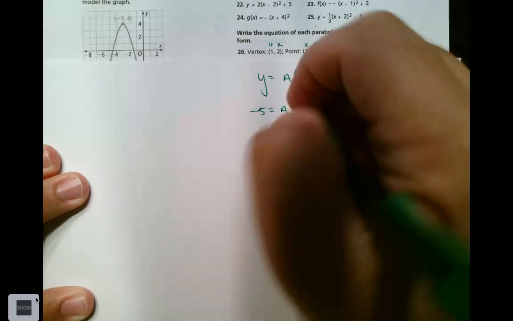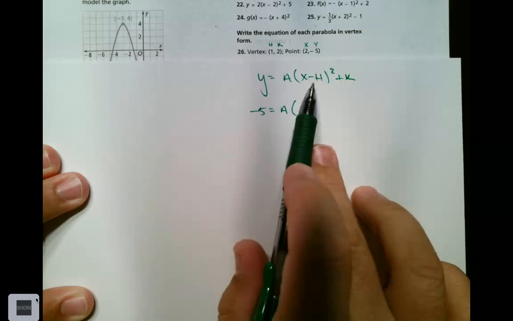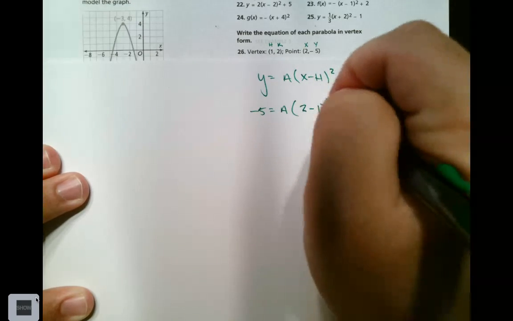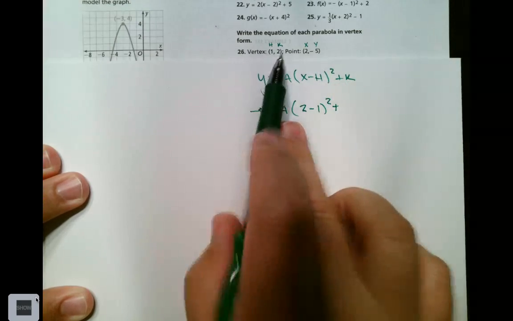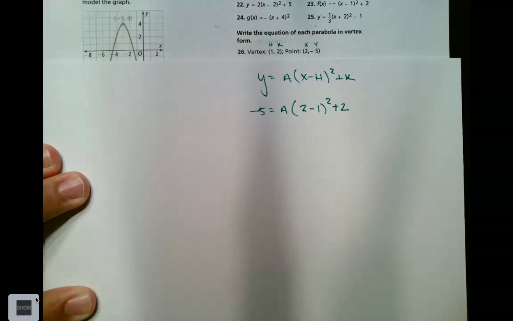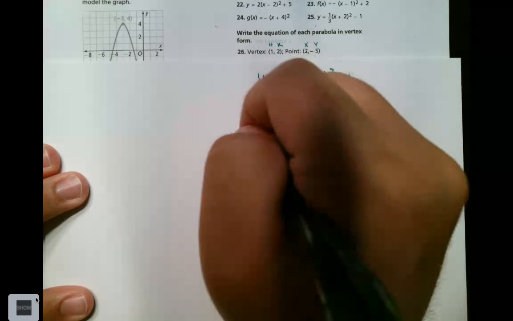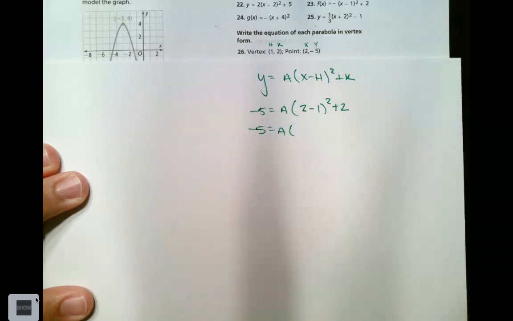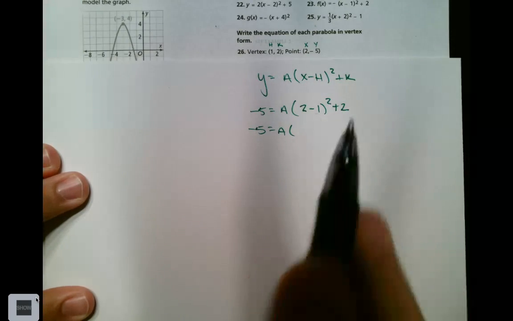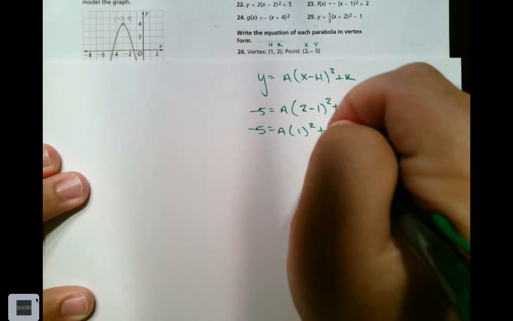X is going to be 2. H is going to be 1. And then k is going to be 2. So now I've just got an algebra problem. I've got to solve for a. So if we go through this, you always do what's inside parentheses first. So 2 minus 1 is 1.